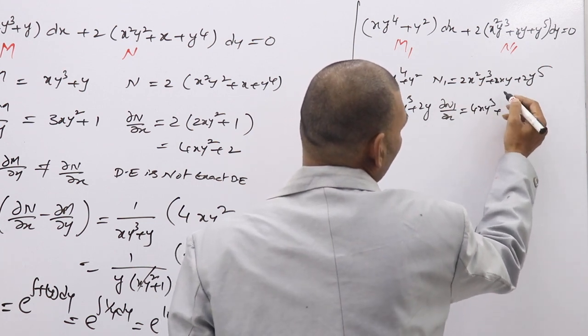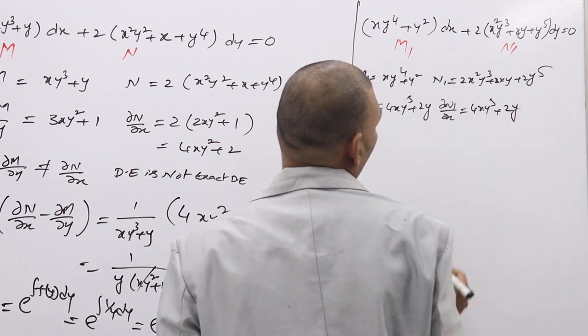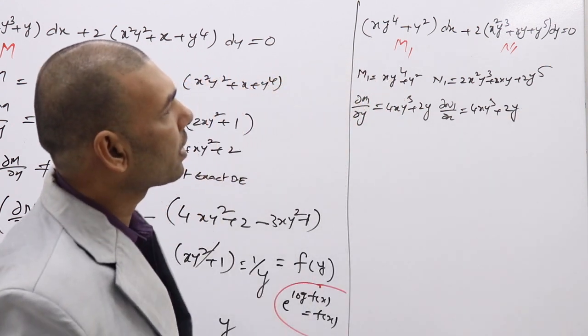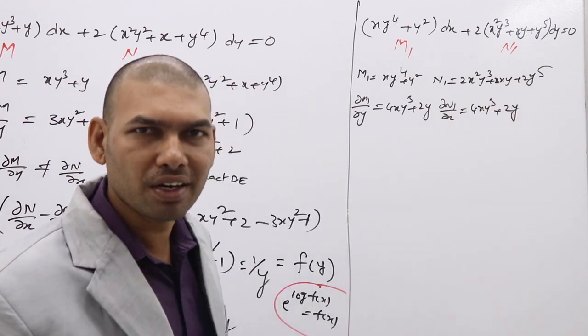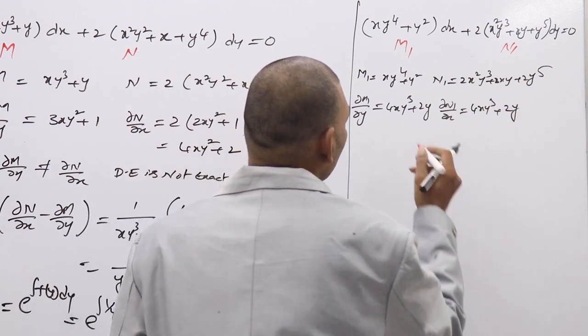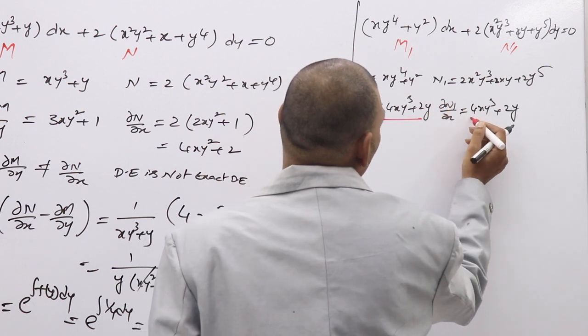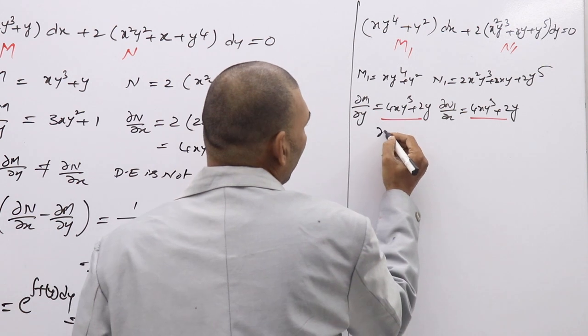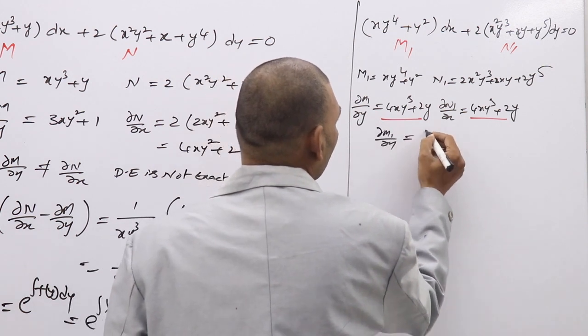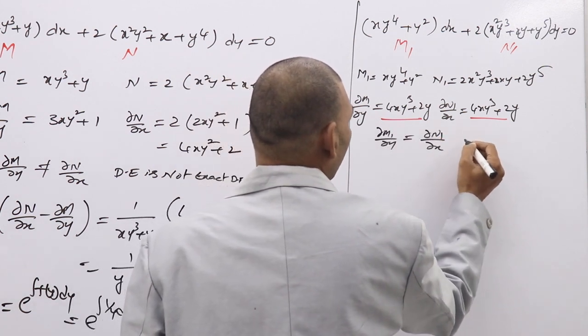Here differentiation of x is 1, 2y. Here you don't have x terms, keep that as constant, and differentiation of a constant is 0. Now observe, these two are equal: 4xy cube plus 2y, 4xy cube plus 2y. What it means is dou m1 by dou y equals dou n1 by dou x.